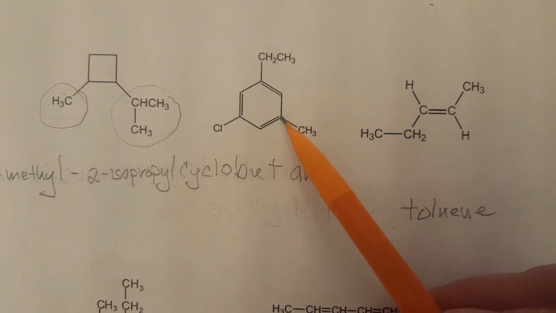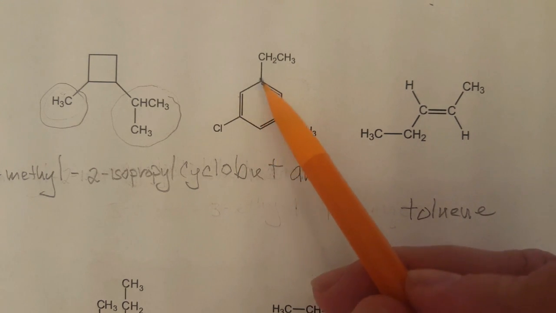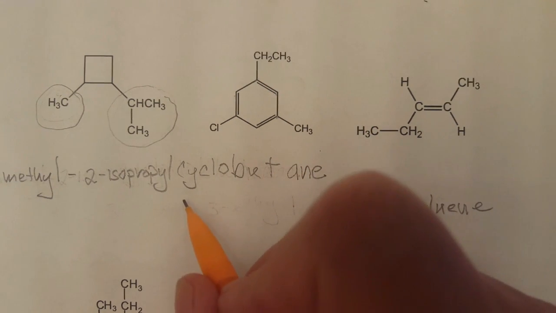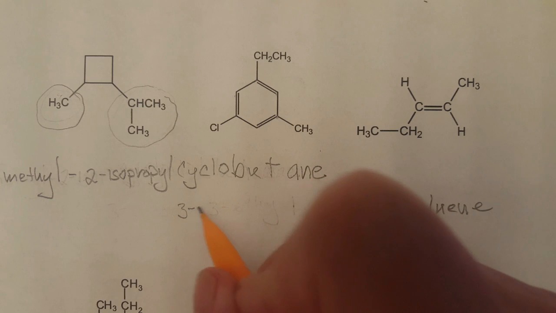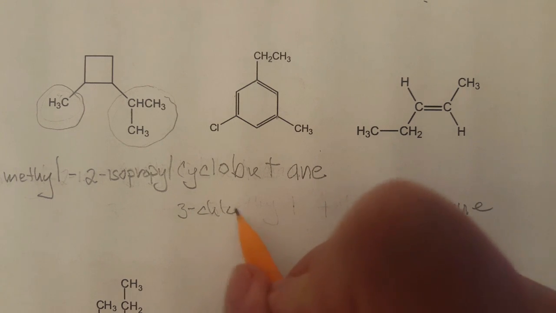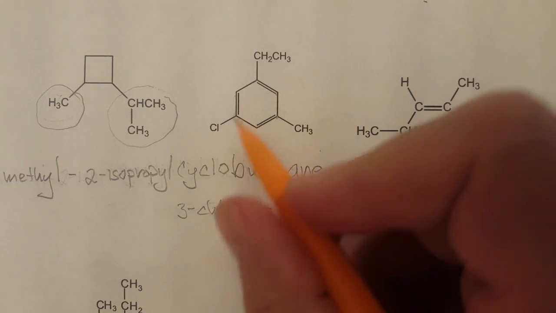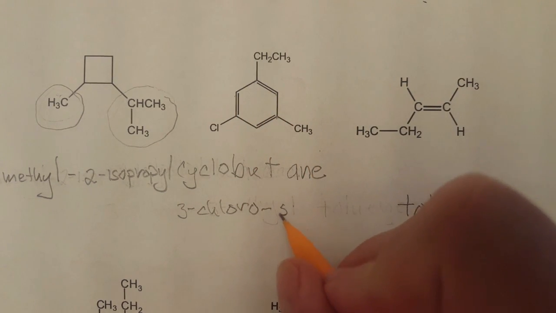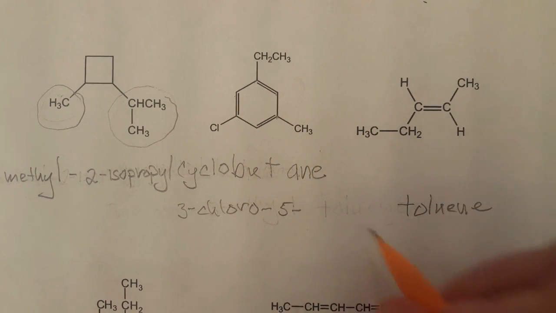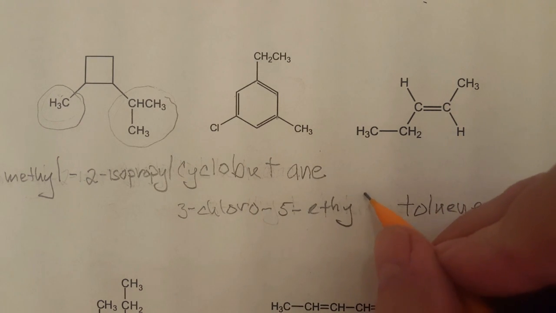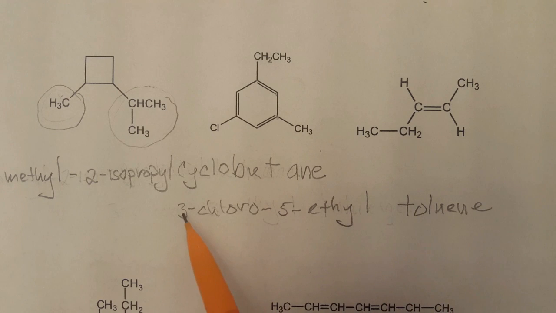Continuing in that direction, 1, 2, 3, 4, 5. This is 5-ethyl. So the name of this compound is 3-chloro 5-ethyl toluene.